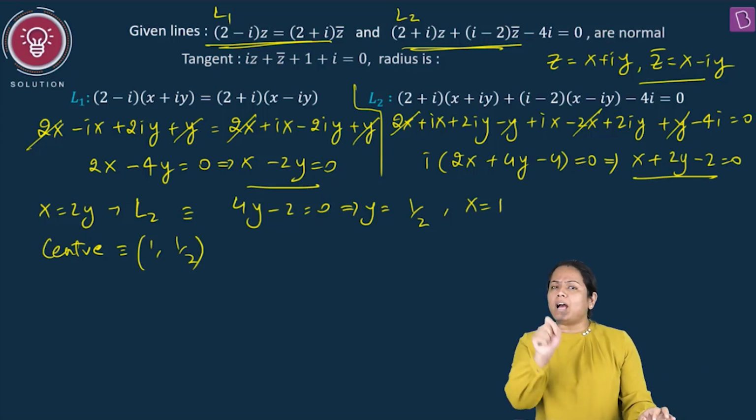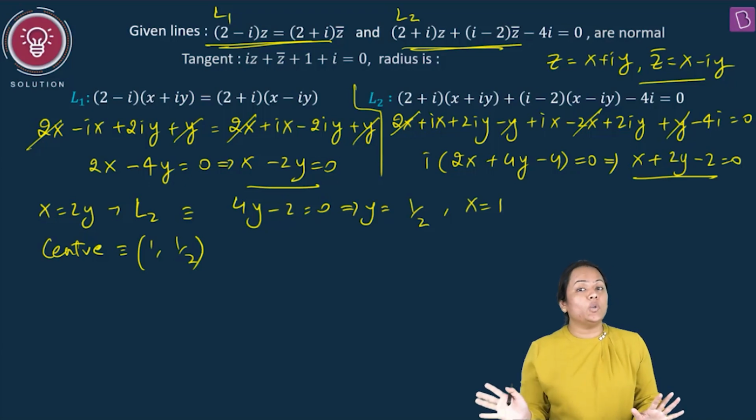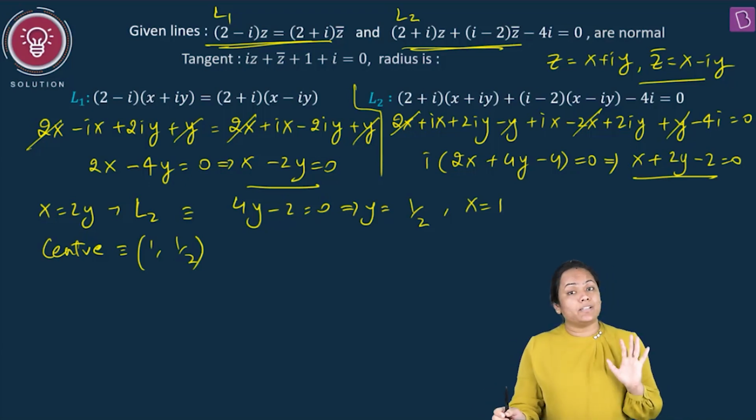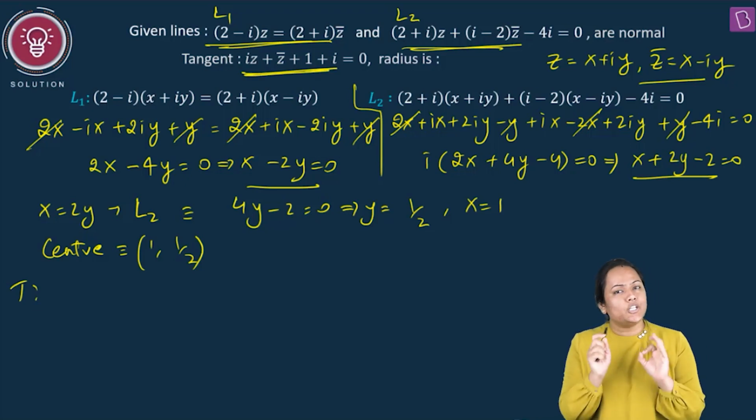Now to get the radius, I have to first write the equation of the tangent and then find the perpendicular distance, right? So the tangent, again, I'm going to convert into Cartesian form. I have my tangent, which is iota z plus z bar plus 1 plus iota. I'll just put my z and z bar in Cartesian form.